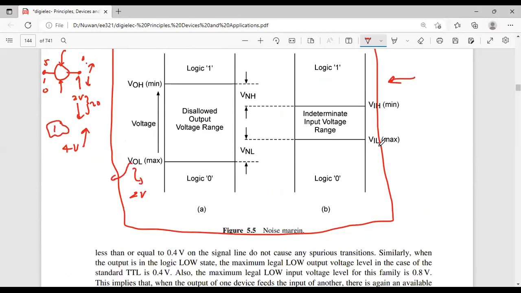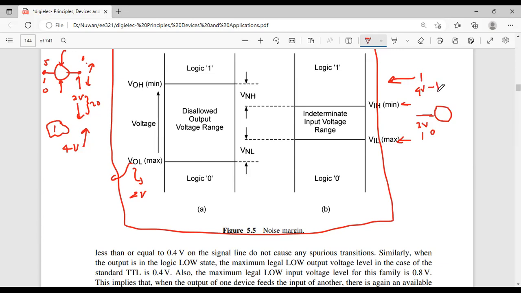This is the input low voltage, and this is the input high voltage. It should be a maximum and a minimum. For example, for one logic family, a gate should be given a maximum of 2 volt or less to represent 0, and 4 volt or higher to make the state 1.